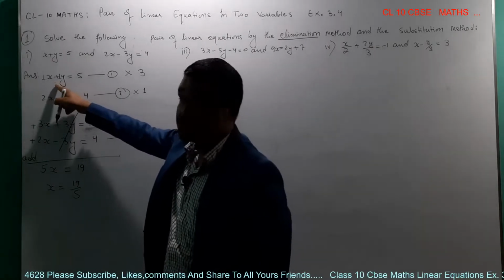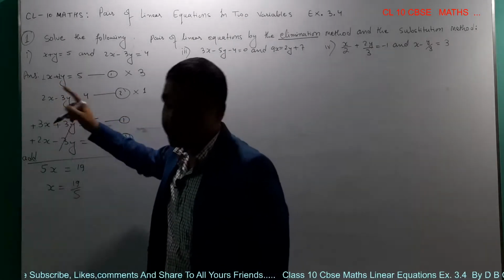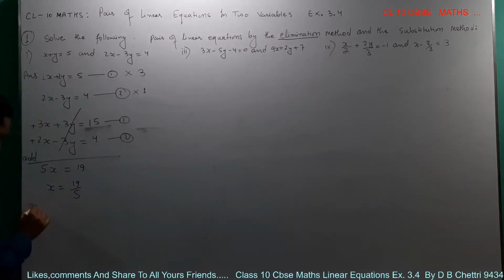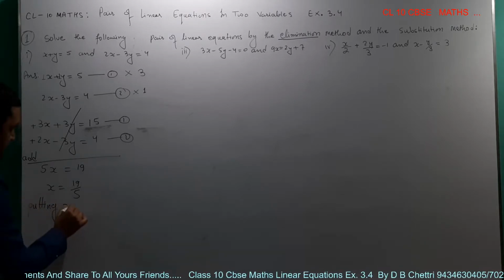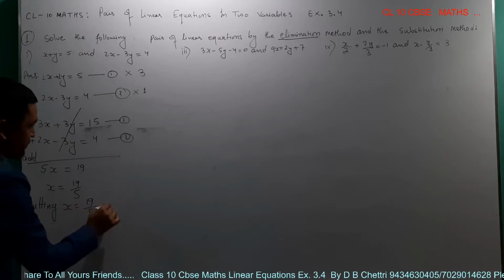It is easy to solve. If you substitute in equation 2, we will get the same answer. Now putting x equals 19 by 5 in which equation?